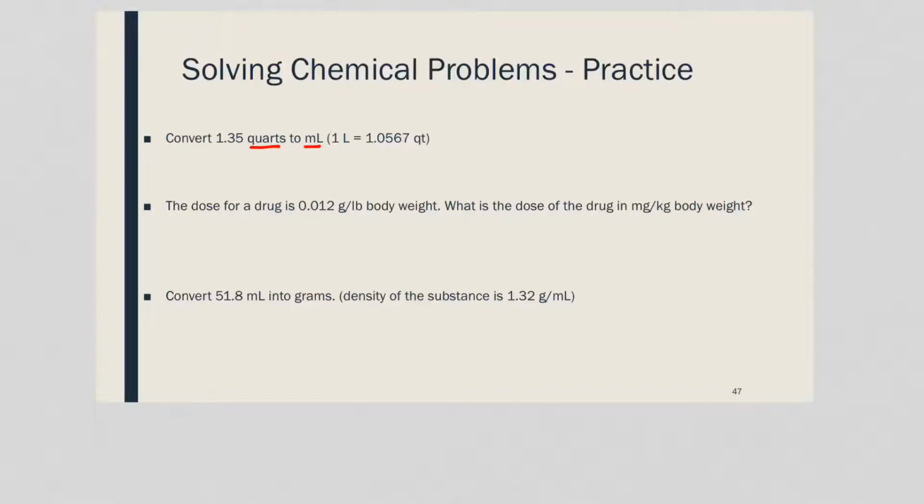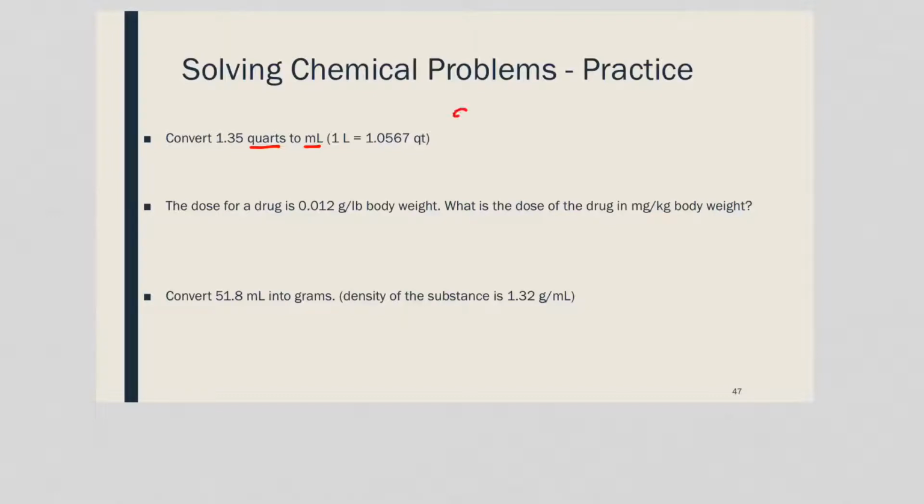Now, sometimes it's important to recognize that we may not be able to find a conversion factor that takes us directly from the given unit to the desired unit. So I don't have a conversion factor, at least one that's easy to find, that goes directly from quarts to milliliters. But I do have one that I can look up that tells me that 1 liter equals 1.0567 quarts.